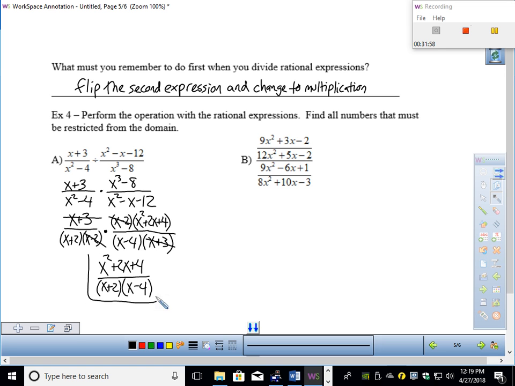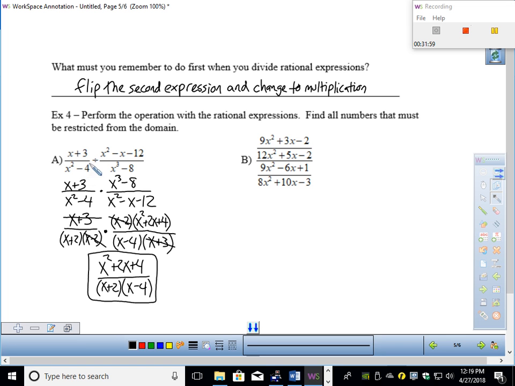All right, now we have to take a couple minutes and talk about the restrictions. So division has one more element to it compared to the multiplication that we did in the previous example. And so here's what I'm thinking you should do on your paper. I'm going to circle it, but then I'm going to erase it.